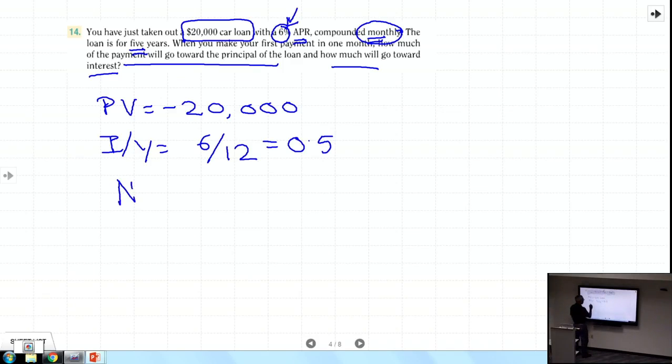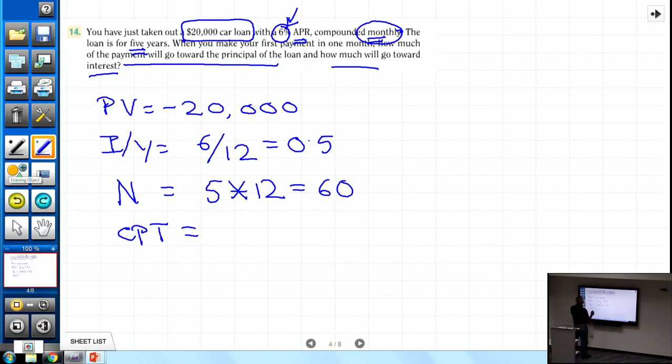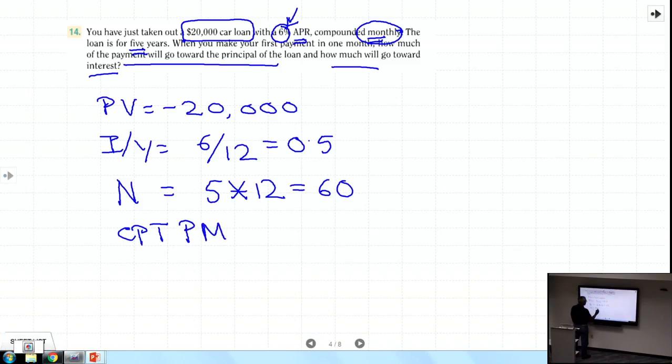And how many periods do I have? This is a 5-year loan, but with monthly compounding, so I multiply that by 12. That makes n equal 60. Okay. And now when I compute the payment, it comes out to $386.66.